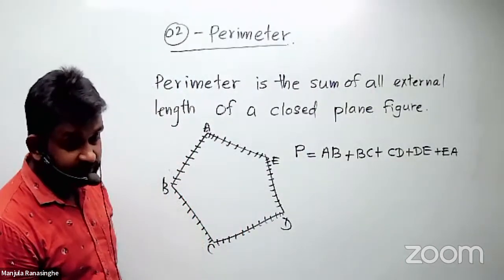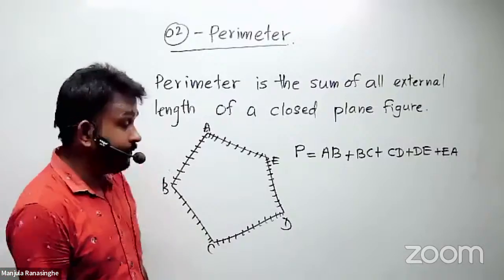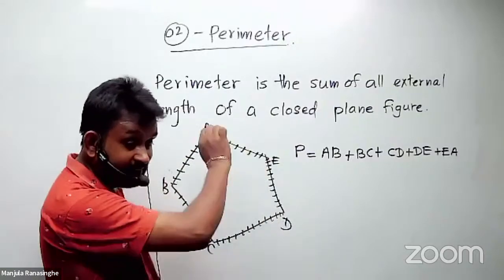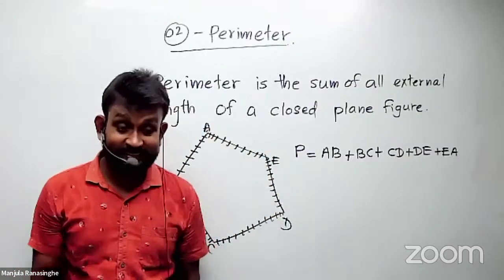AB plus BC plus CD plus DE plus EA. So you have to come back to the starting point by adding all the outer length. Got it? Fine.